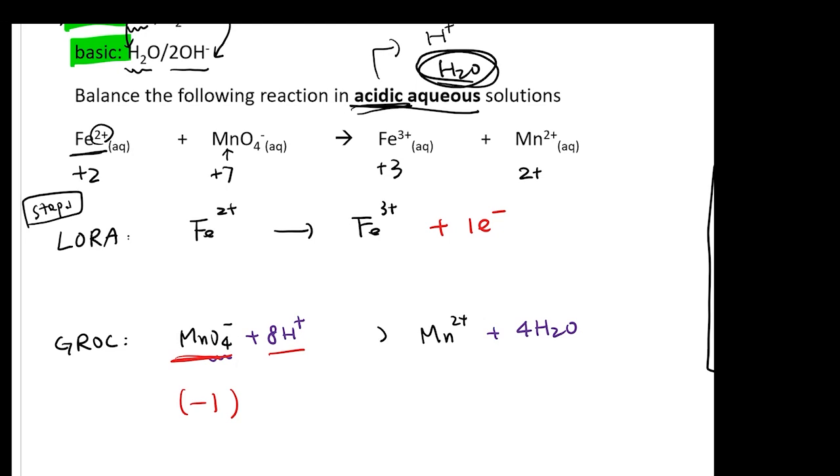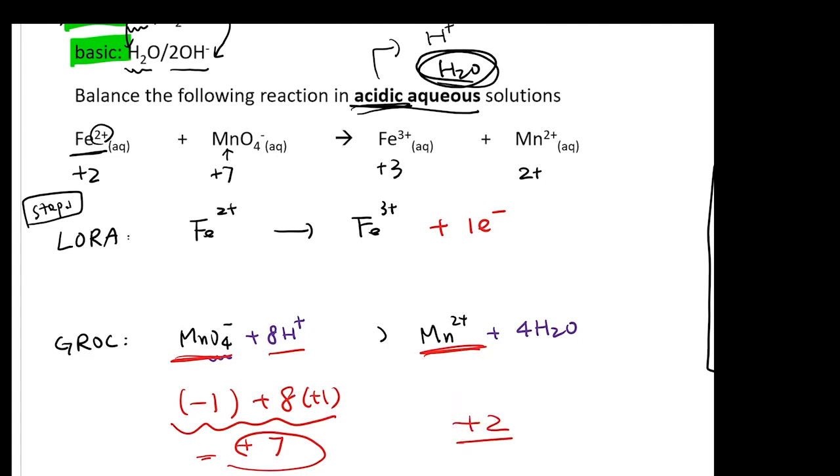You have 8 protons, that means it carries a +8 charge. Therefore, the left-hand side carries a total of 7 positive charge. How about on the right? This is the only charged species. Therefore, on the right is +2. Left-hand side is +7. Right-hand side is +2. You want to add in electrons to balance the two. Therefore, you need to add in 5 electrons on the left-hand side, so that it will also be +2.